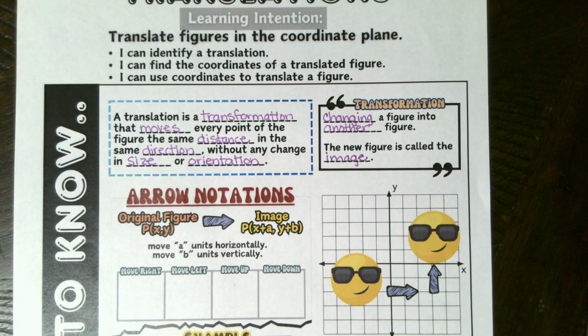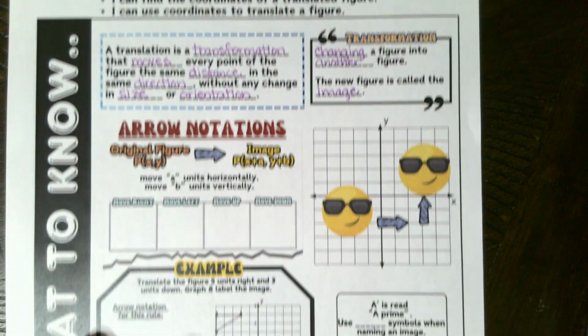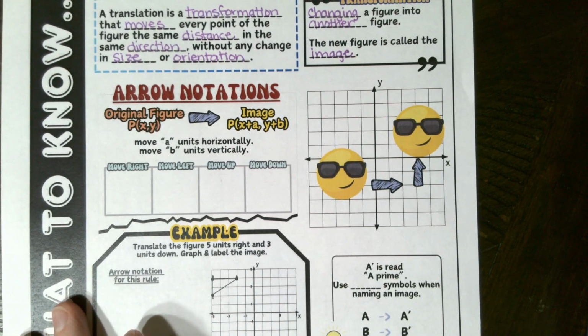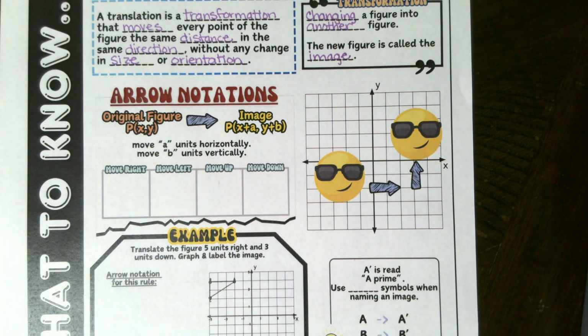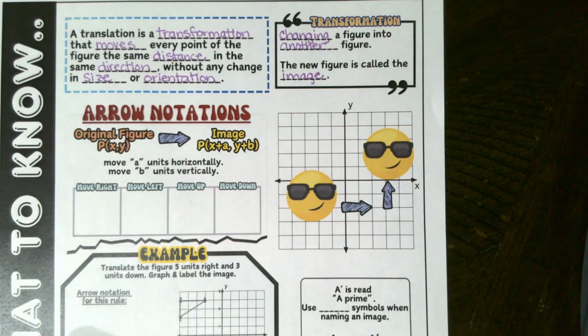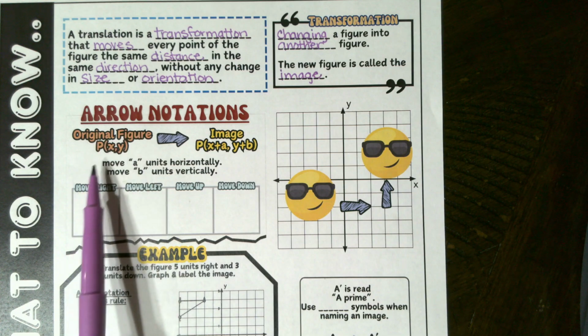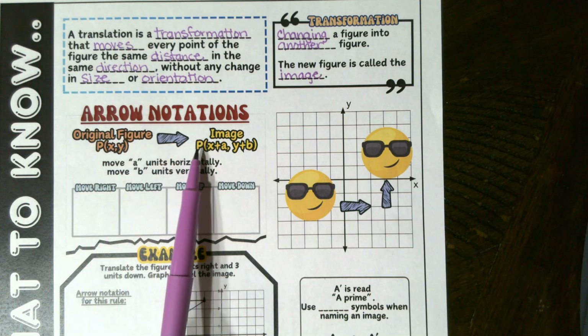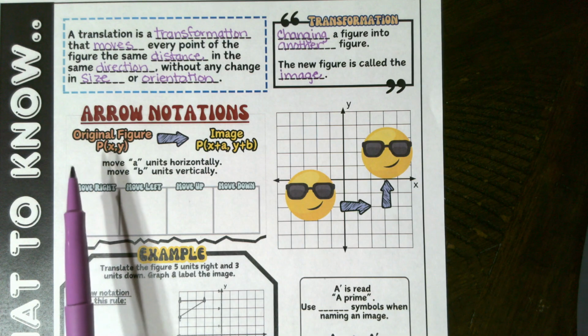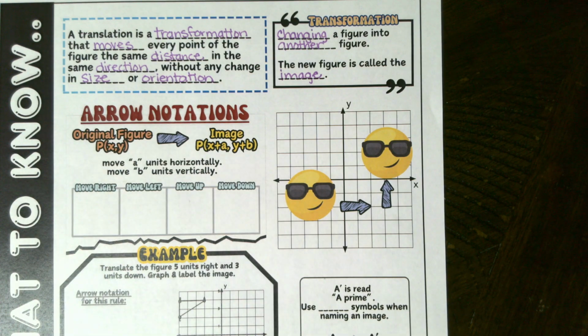You're going to be learning different arrow notations throughout the different types of transformations. In this case, for translations, here's the original figure. The P in front of these points just means point, because we don't know what type of point it is.